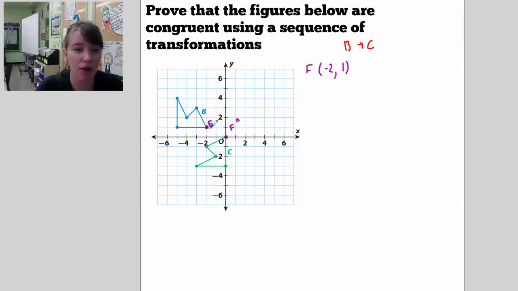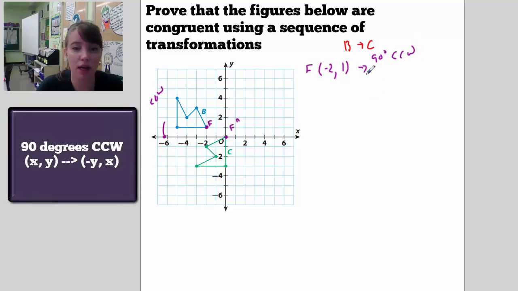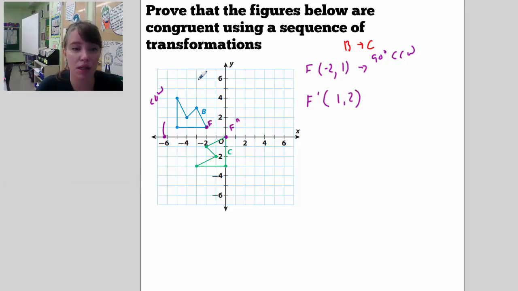And so if I rotate it 90 degrees, rotate it would be counterclockwise. Then F prime would go to 1, 2, but this is in the second quadrant, so it would be in the third quadrant, so both of them would be negative. So it would go to -1, 2.